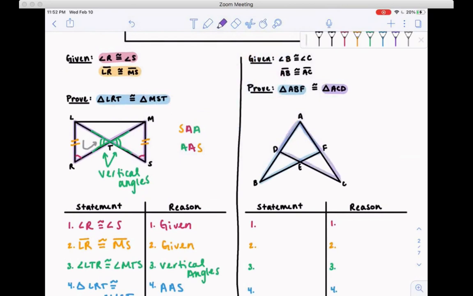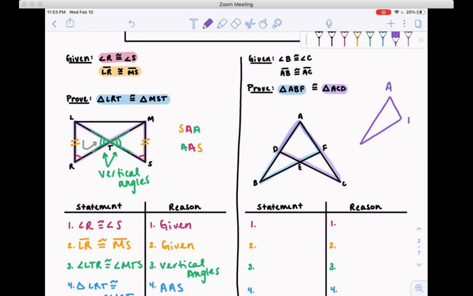Okay, so we see that we have two overlapping triangles. We can work with them on the overlapping diagram, that's fine, but I always recommend that if you have overlapping triangles, sketch them off to the side separately, because it can sometimes be hard to visualize what's going on with the triangles when they're overlapping, and it can be easier to see what's happening when they're separated.